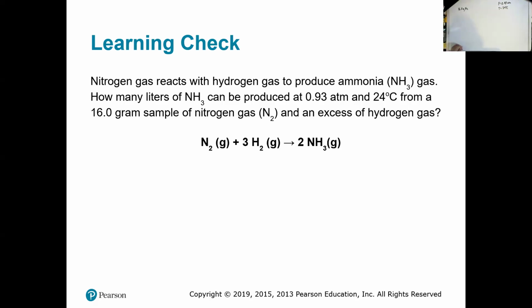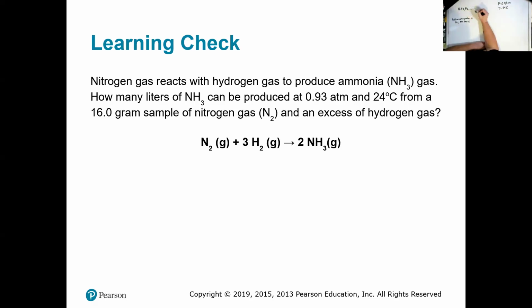So let's pause for a minute. Step one, we're going to take this mass value and find out how many moles of nitrogen I have. I'm going to take the mass of the nitrogen, look on my periodic table, and find the molar mass of nitrogen.